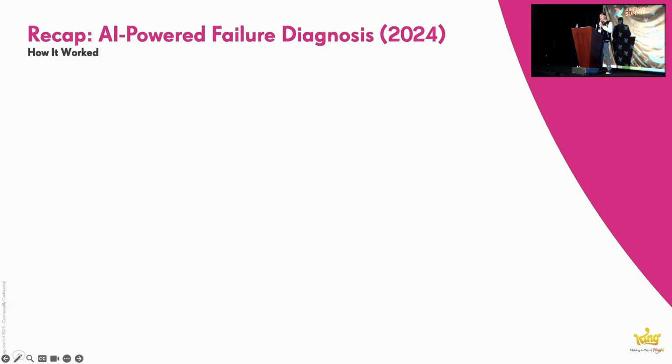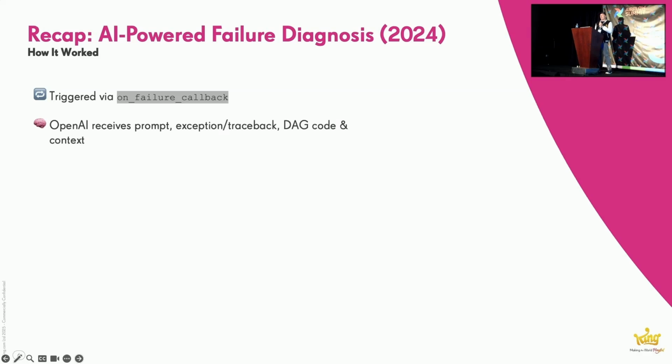Just a very quick recap of what I talked about last year. I'm not going to go into too much detail. Basically, what we built was a custom module that hooks into the on-failure callbacks. So whenever your task fails, it hits the on-failure callback, and then we can interact with an AI.